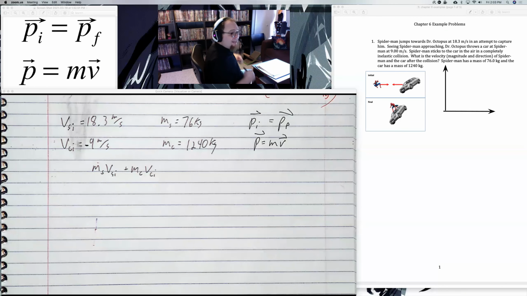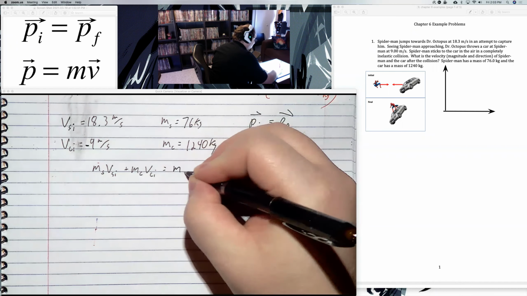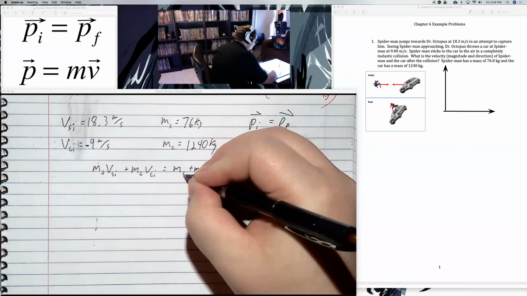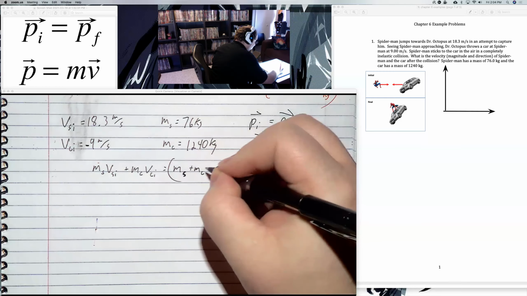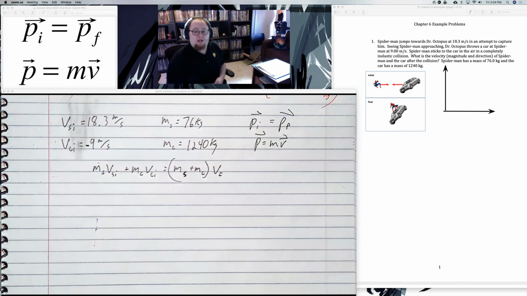And then Spider-Man sticks to this car. That means they're going to move as one unit. So I'll just treat them as one thing. One thing that has a mass of Spider-Man plus car, and is moving at some final velocity. There is my equation. I'm just saying the momentum of this plus the momentum of this equals the momentum there.